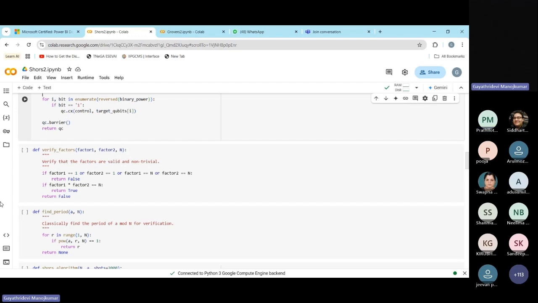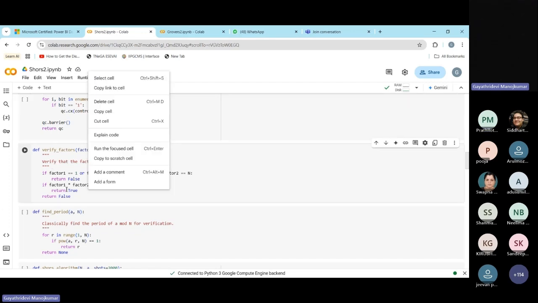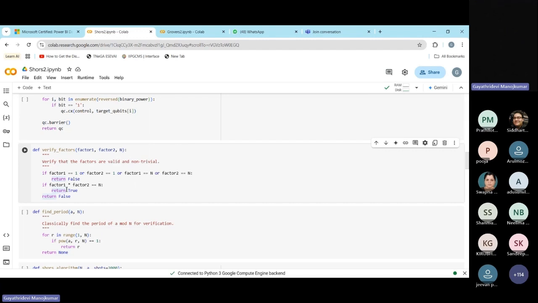For example, if it is 15, it should not be 15 or 1, and their product should equal n. This step ensures that the algorithm does not return a trivial solution. So I am expecting a factor other than 1 and n.